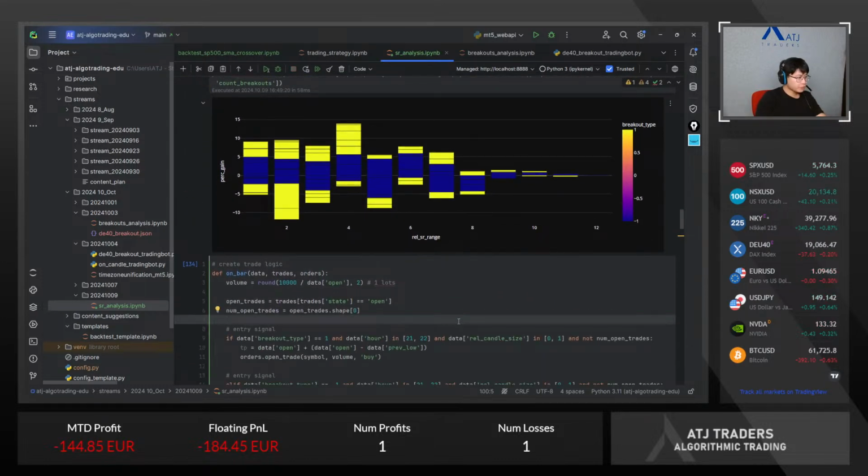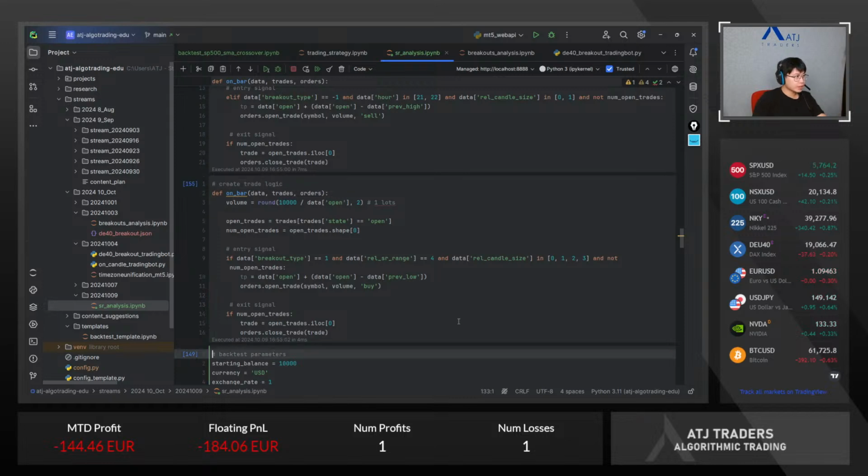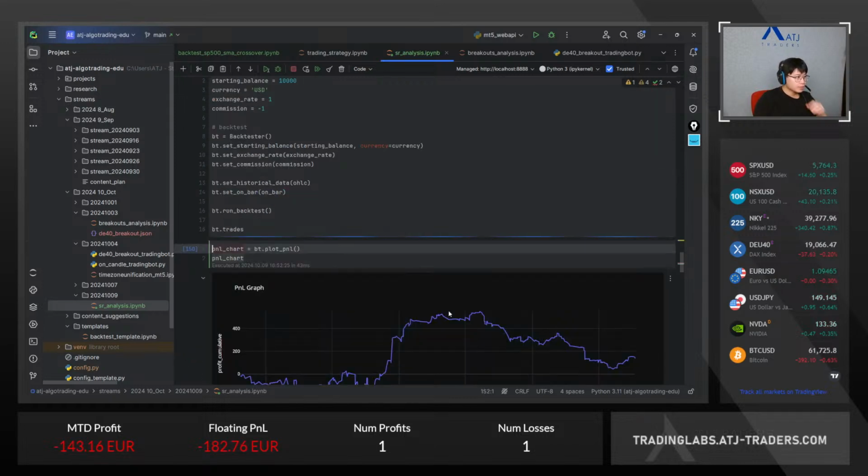Yeah, so now I filtered the number of breakouts because now I have a structure high and low, but I don't think that would change that much.